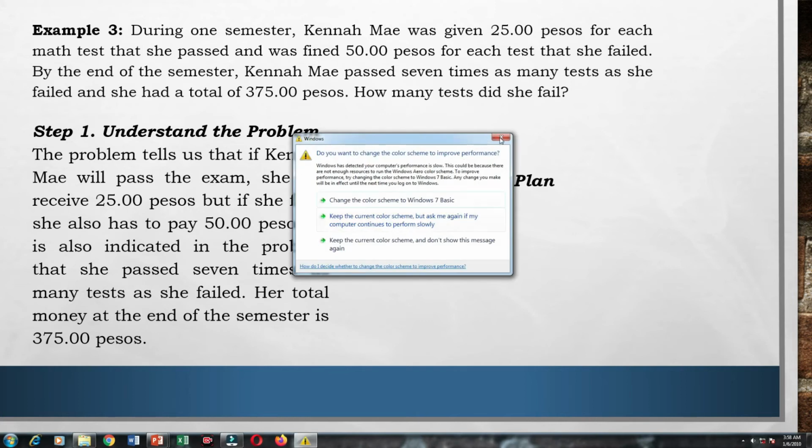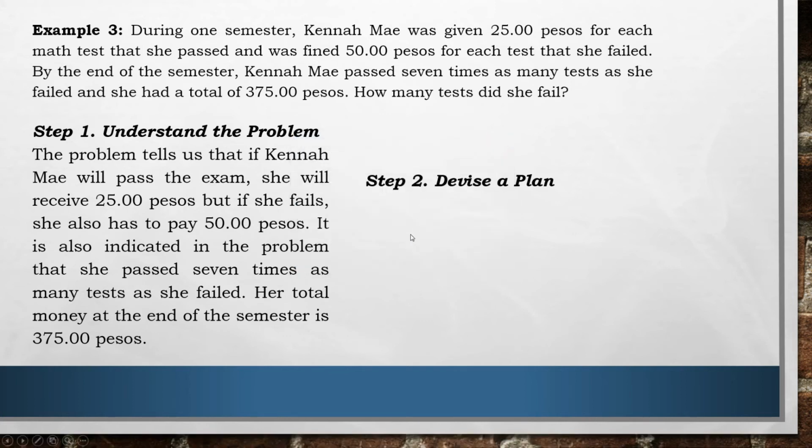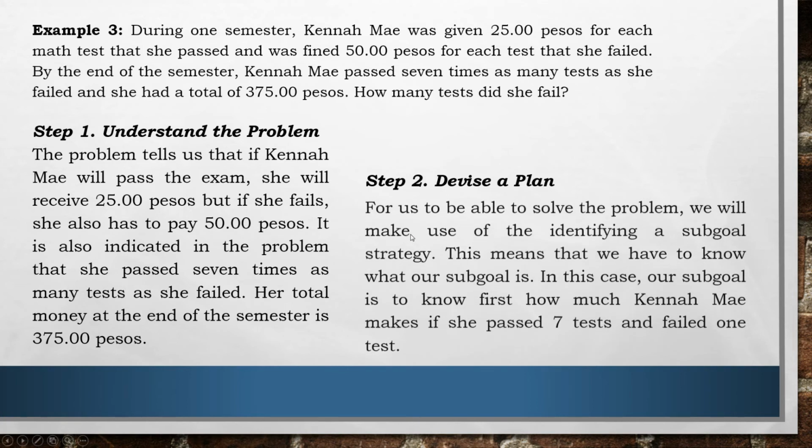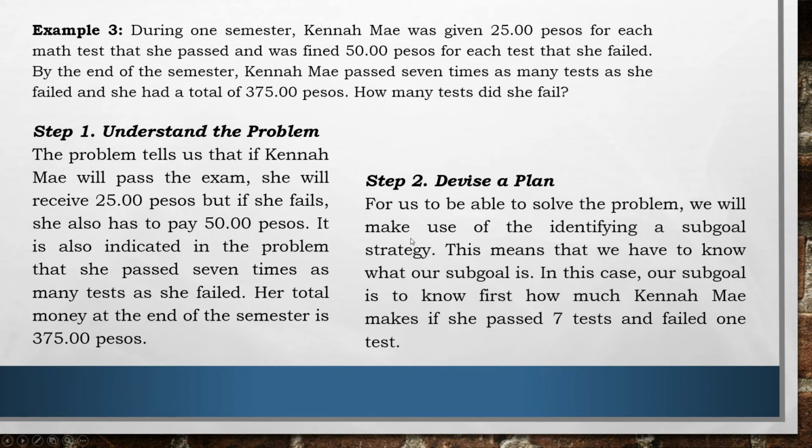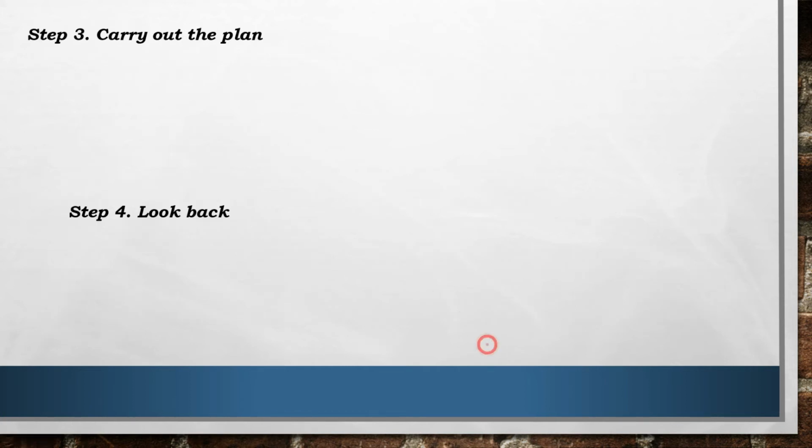So from that given problem, we have to devise now a plan. For us to be able to solve the problem, we will make use of the identifying a sub-goal strategy. This means that we have to know what our sub-goal is. In this case, our sub-goal is to know first how much Kenna May makes if she passed 7 tests and failed 1 test. So our first ratio is 7 to 1.